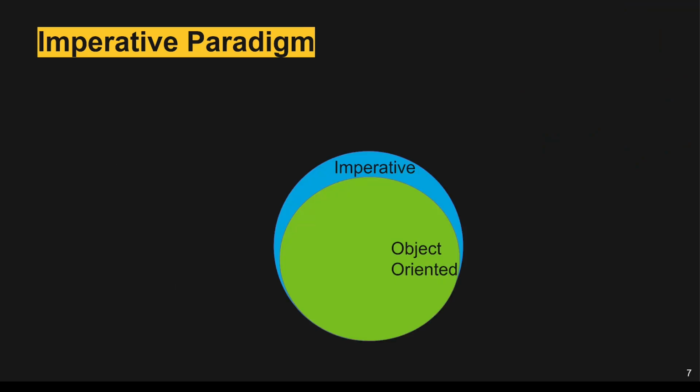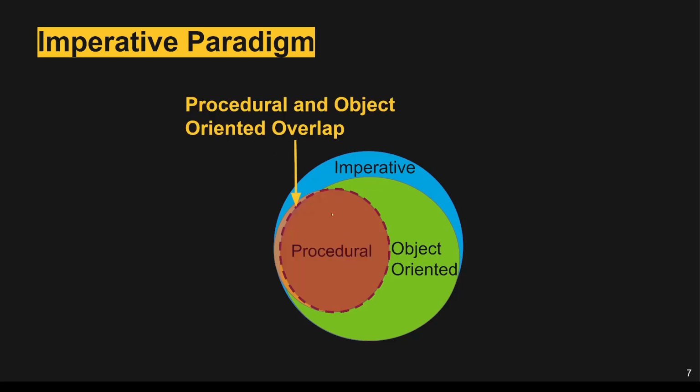So as I mentioned, the imperative paradigm has object-oriented. It also has procedural, and you can see that there's quite a bit of overlap here between the two. And this is common across them. The object-oriented and procedural paradigms both implement the sequential execution of statements.